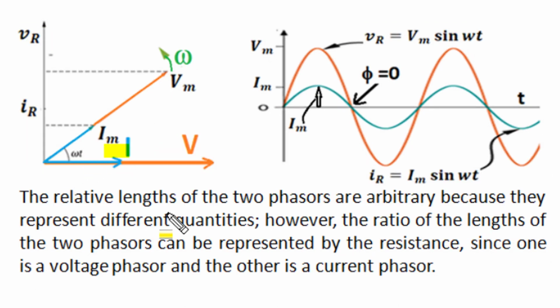The current phasor and voltage phasor in pure resistance are in the same phase, and their scale length corresponds to the magnitude of alternating current and voltage, but the relative length of two phasors are arbitrary because current in ampere and voltage in volts represent different quantities, and they can be represented by a proportional length as per the scale used for current representation and scale used for voltage representation.